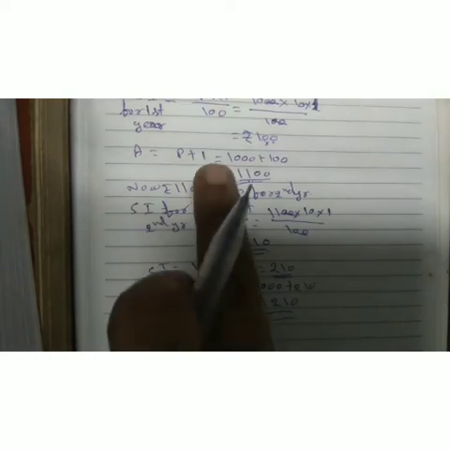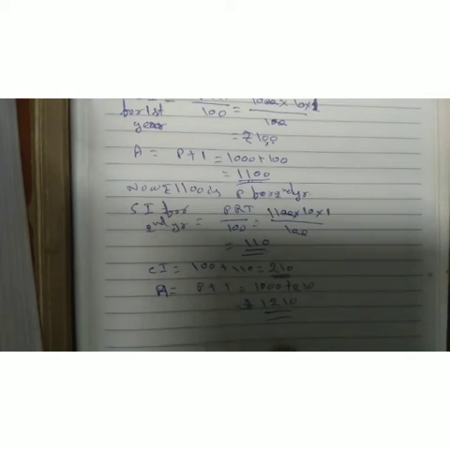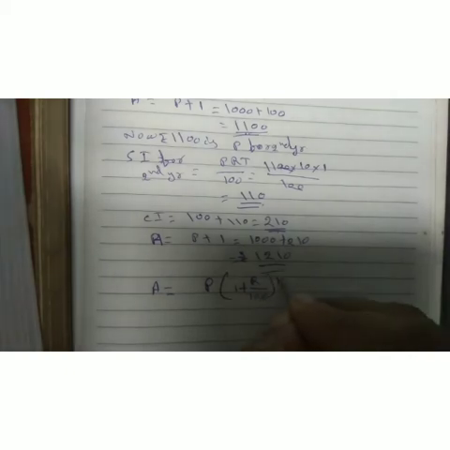But if it is given 5 years, 6 years, calculating this in a long process will take a long time, which is very difficult, and the calculation will also be much bigger. For that, there is one formula to find the compound interest and the amount if the interest is compounded. Okay, so what is that formula? A is equal to P whole into 1 plus R by 100 whole to the power n.